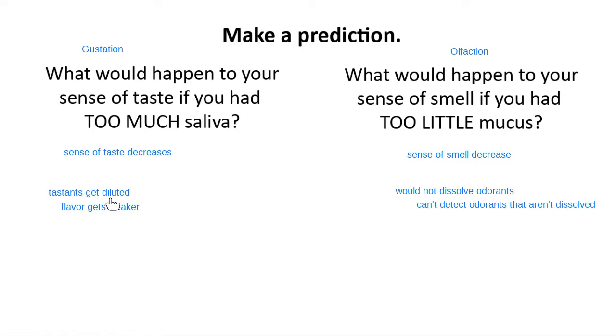We're never going to be able to detect them. If I don't have enough of that liquid, I can't dissolve my chemicals. And remember, they have to be dissolved for me to be able to detect them. So with those chemical senses, it's very important that we know chemical senses require what we're detecting to be dissolved.